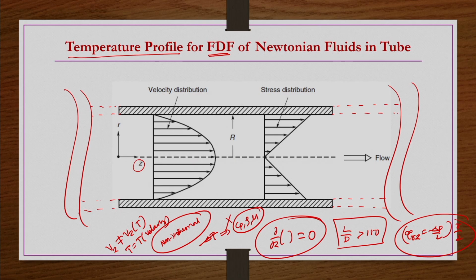The velocity profile depends on the power value of n, since we did it for power law and Bingham plastic fluids separately, not individually for Newtonian fluids. But if you substitute n equals 1, you get the parabolic velocity profile given here.